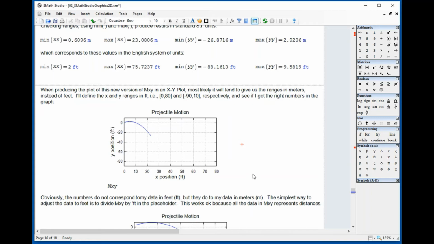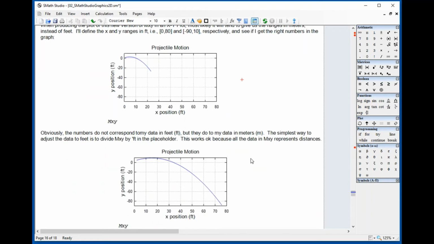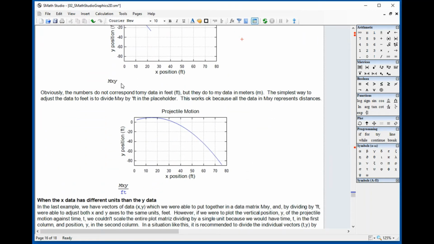In order to produce the right plot, what you have to do is take this matrix mxy and divide it by apostrophe ft. Sorry, mxy divided by apostrophe ft. And then you get the right graphic.